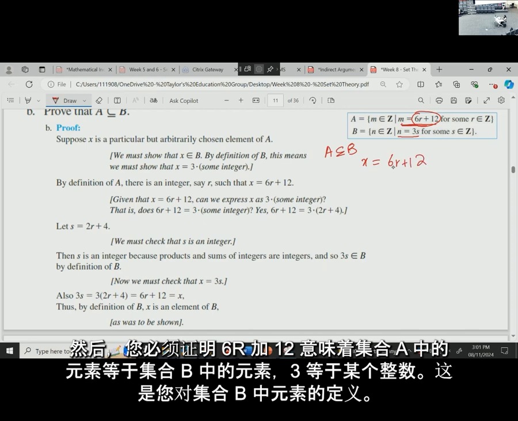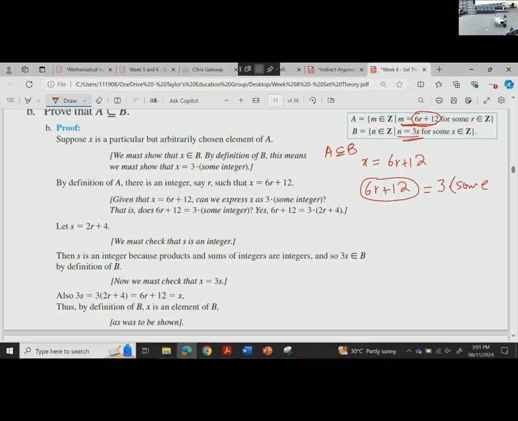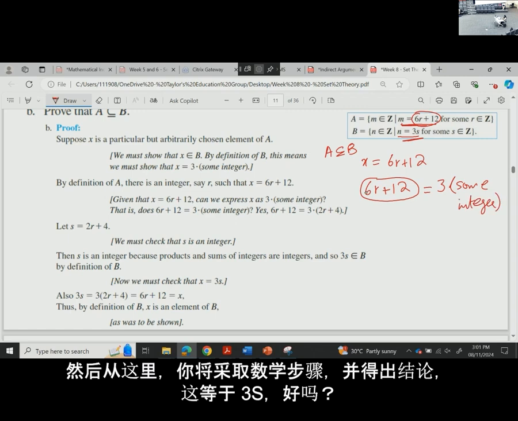And then what you have to show is that 6R plus 12, meaning the element in set A, is equal to an element in set B, 3 times some integer. This is the definition of elements in set B. And then from here you will take mathematical steps and reach a conclusion that this equals 3s.